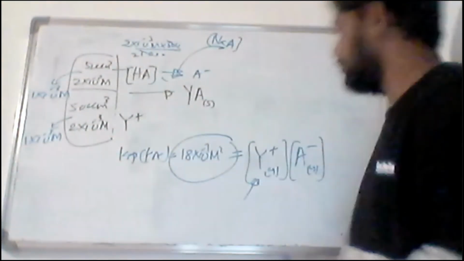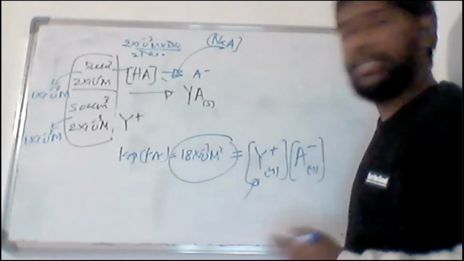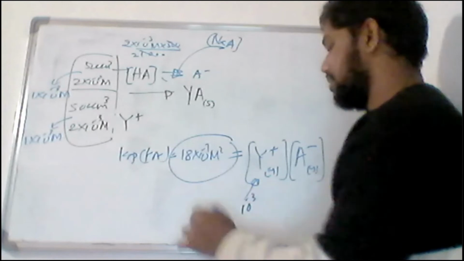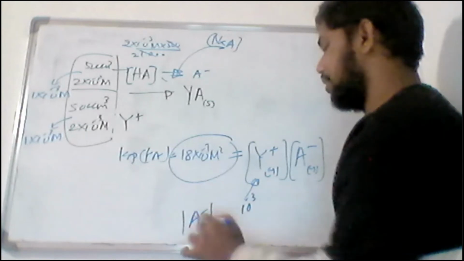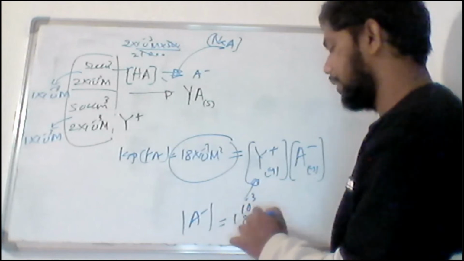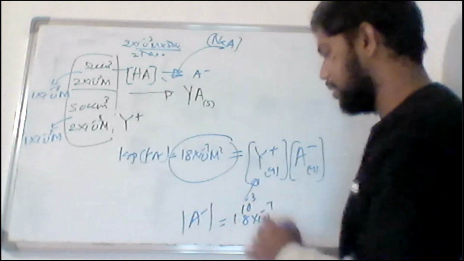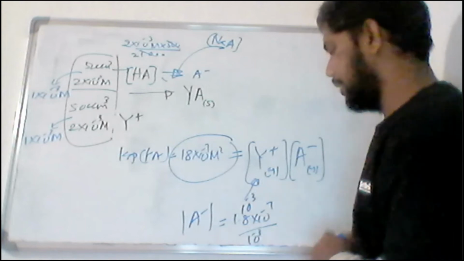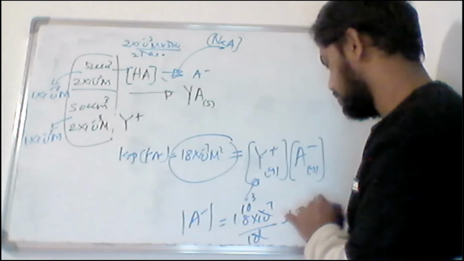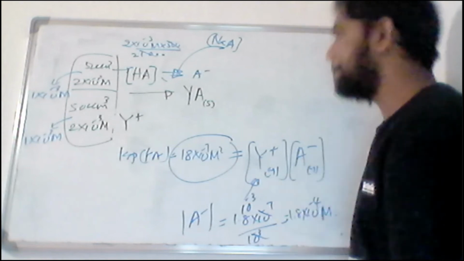Okay, for an example, now this is 1.8 into 10 to the power minus 7, Y plus is 10 to the power minus 3. So you can find A minus concentration. So it will be 1.8 into 10 to the power minus 7 over 10 to the power minus 3. So this will be 1.8 into 10 to the power minus 4 M.